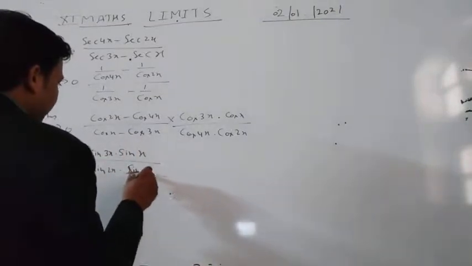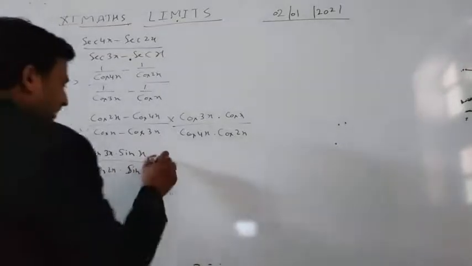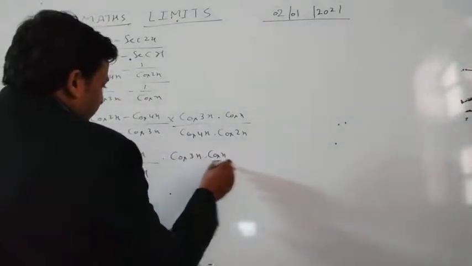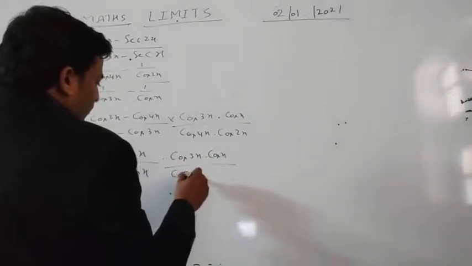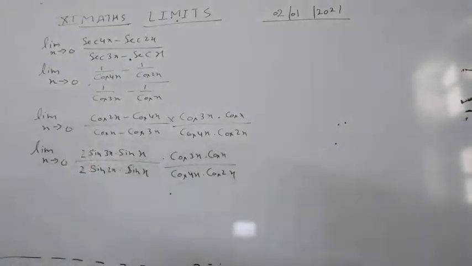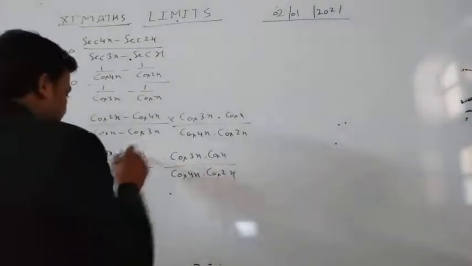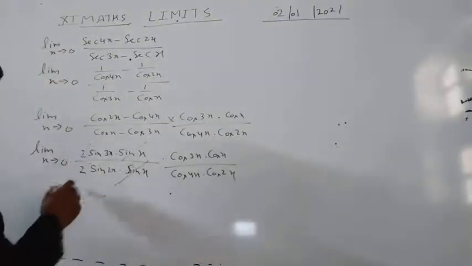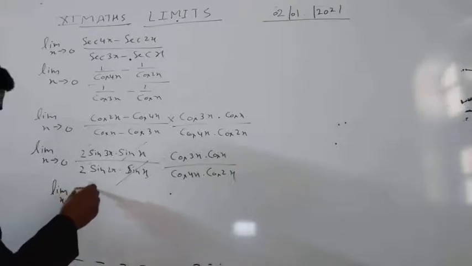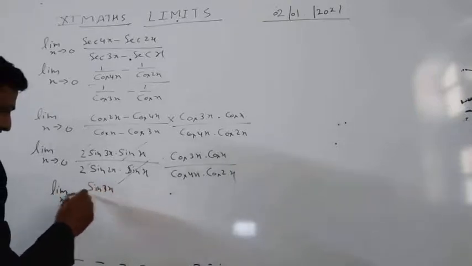Okay, and here cos 3x into cos x by cos 4x into cos 2x. This 2 and 2 will reduce from here student, and this sin x will be cancelled. Now we take limit in numerator and denominator, so we write sin 3x.